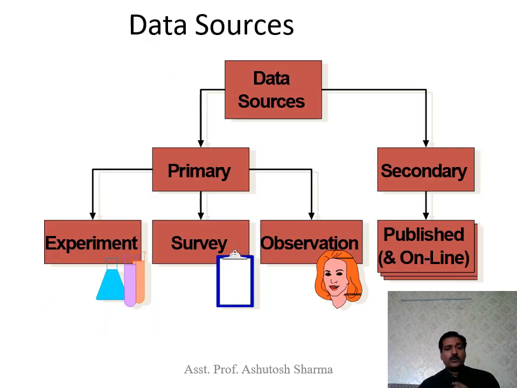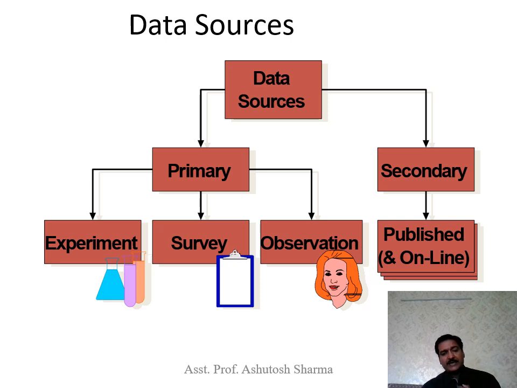Now, if we talk about data sources, there are two kinds of data sources: primary and secondary. In case of primary, if we are collecting data through experiments, by conducting a survey, or by observations, that is called primary data.